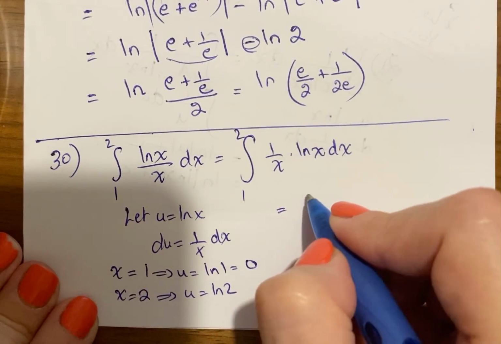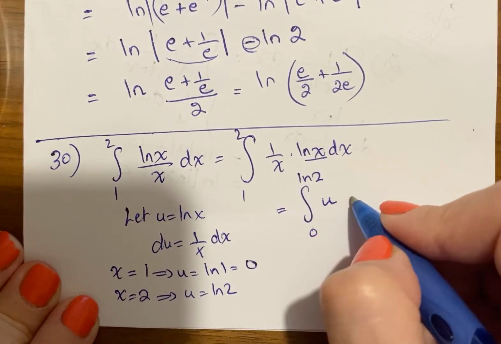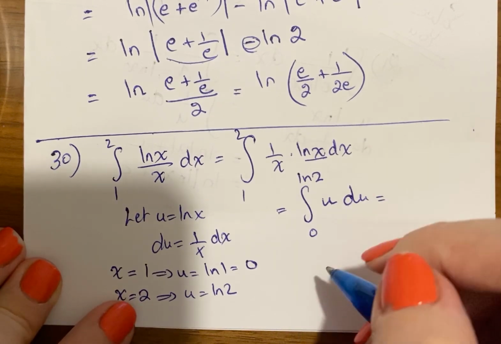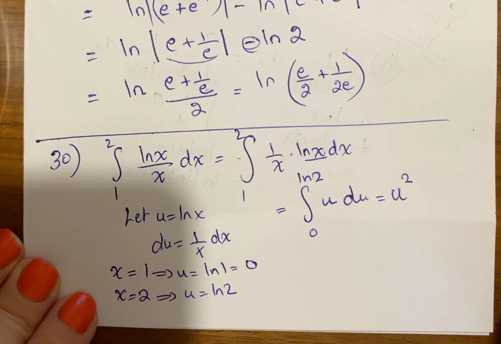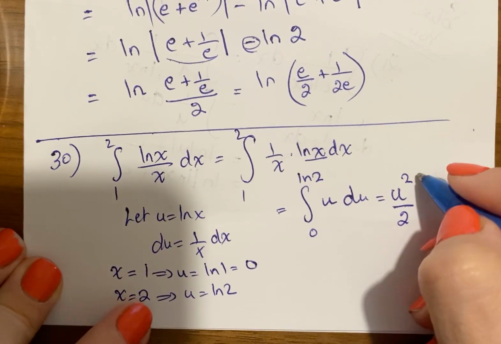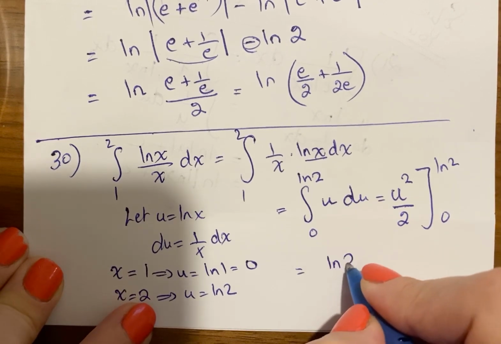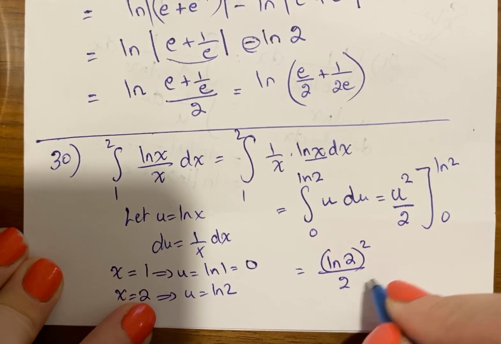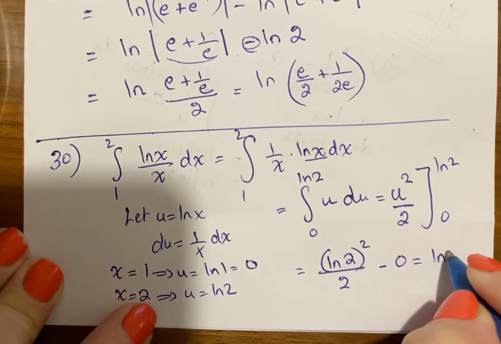So this becomes from 0 to ln 2 of u, 1 over x dx is du. What's the antiderivative of u? Many students forget. The antiderivative of x is x squared over 2. The antiderivative of u is u squared over 2, which is ln 2 squared over 2 minus 0 squared over 2, which is 0. So it's ln 2 squared over 2.